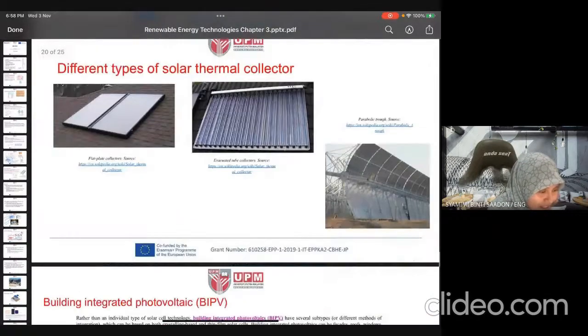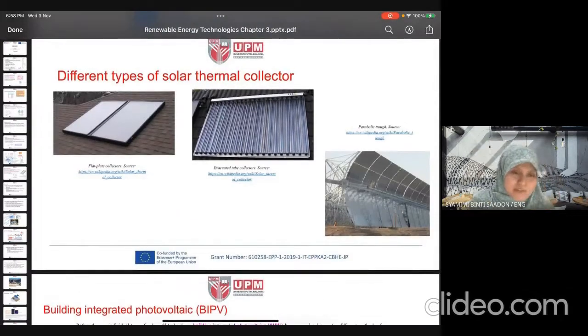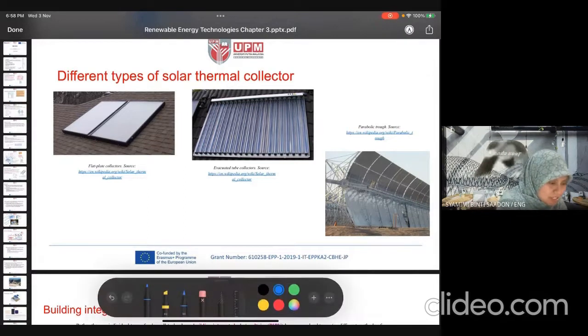These are some of the types of solar thermal collector. The first one is the flat plate collector. The heat from the sun will arrive here and be absorbed, and we have water or air or another fluid inside the collector.